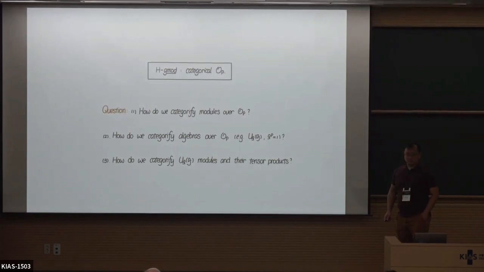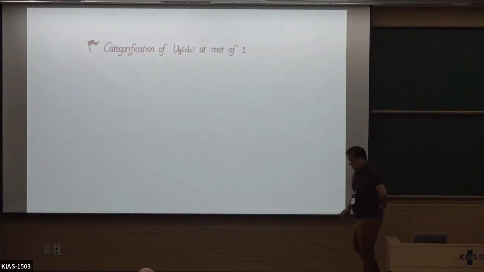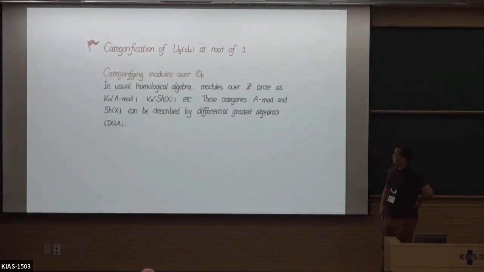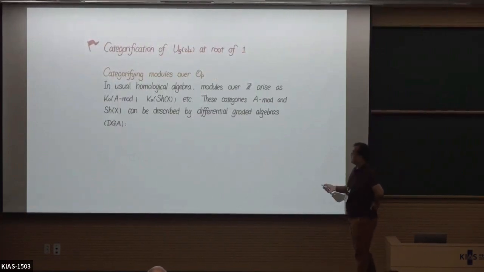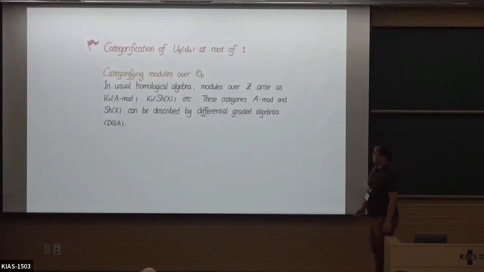This is what I'll try to outline in today's and tomorrow's lectures. All right, so to do this, let's try to generalize homological algebra slightly further. Before trying to categorify algebra objects, or build algebra objects over p-complexes, how do we categorify modules over this ring of cyclotomic integers?